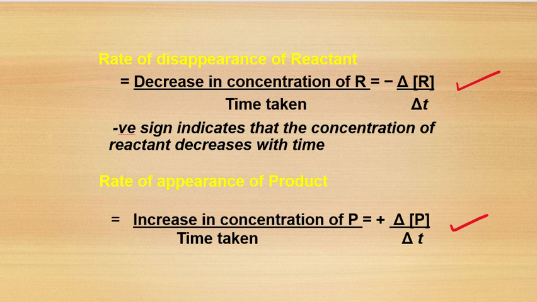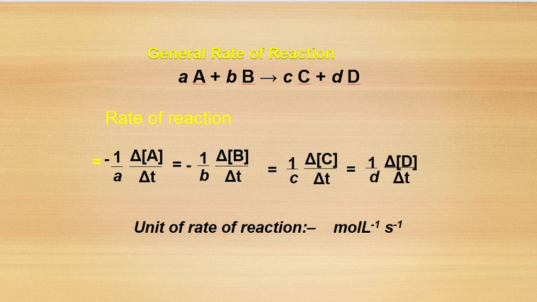Now let us look at the two types of reaction rates. They can be expressed as average rate and instantaneous rate. Now let us look at this type of reaction. This is a general rate of a reaction, in which aA plus bB giving cC plus dD is given.